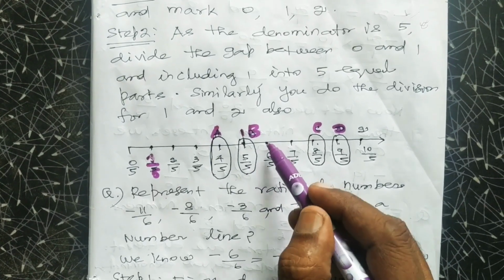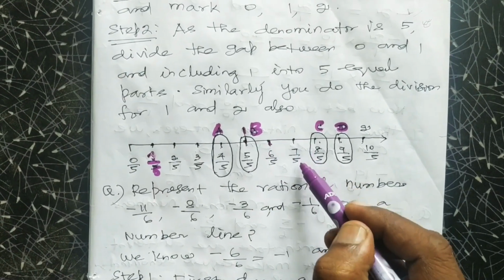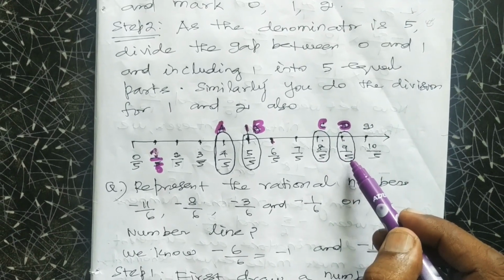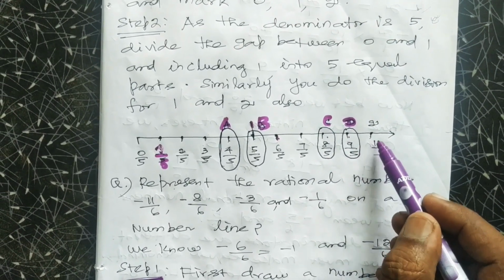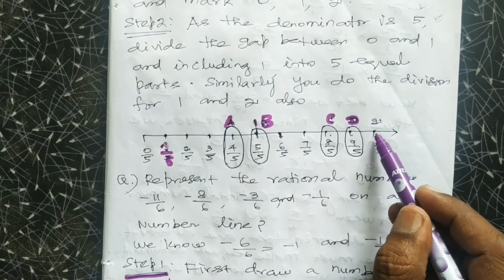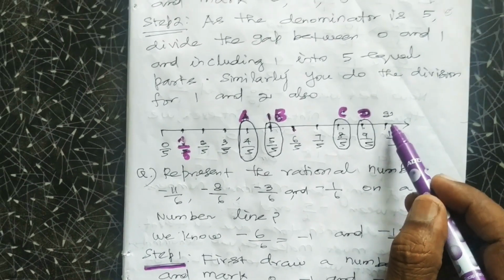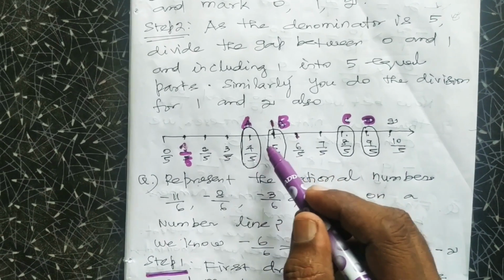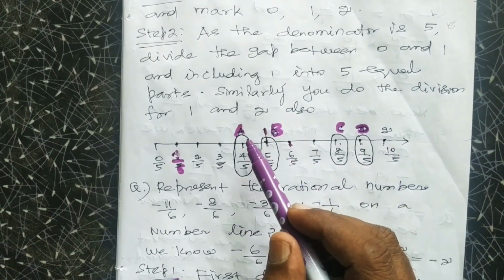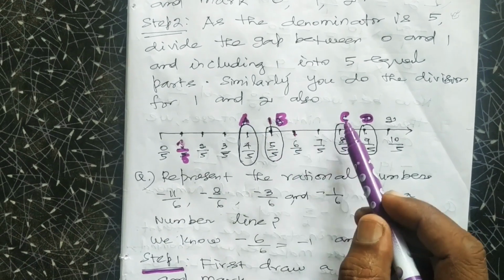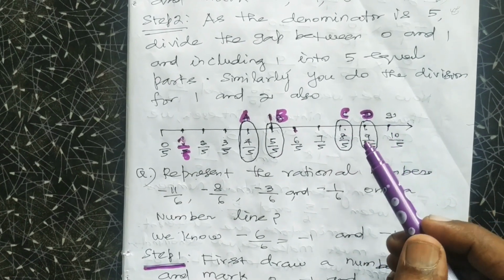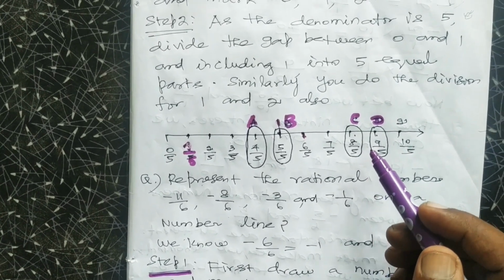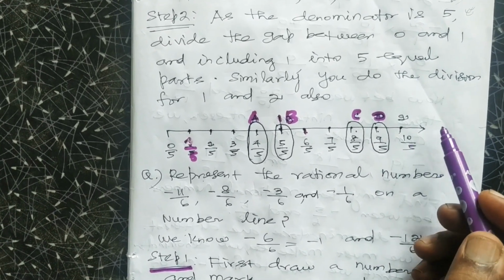Then 6 divided by 5, 7 divided by 5, 8 divided by 5, 9 divided by 5, and after that 10 divided by 5, that is equal to 2. Now you encircle the required rational numbers. Now the points A, B, C and D represent the rational numbers 4 by 5, 5 divided by 5, 8 by 5 and 9 by 5 respectively.